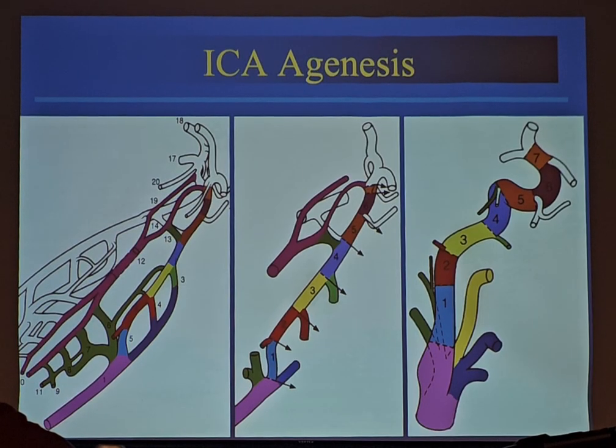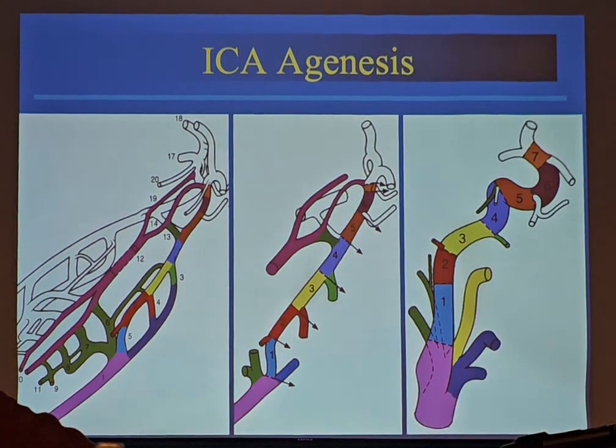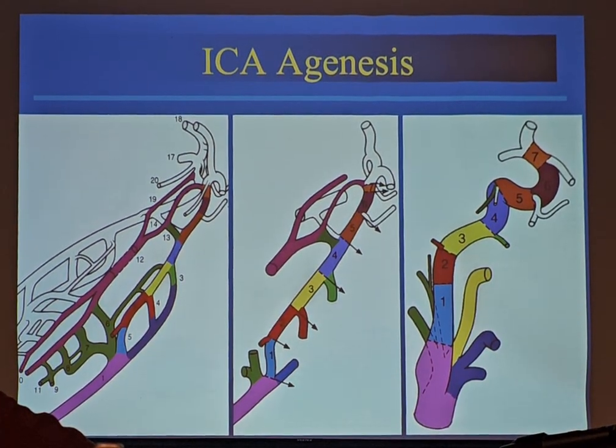We'll talk about what kind of variations we have. I put the title as internal carotid agenesis, but we'll talk about what happens if each segment disappears.